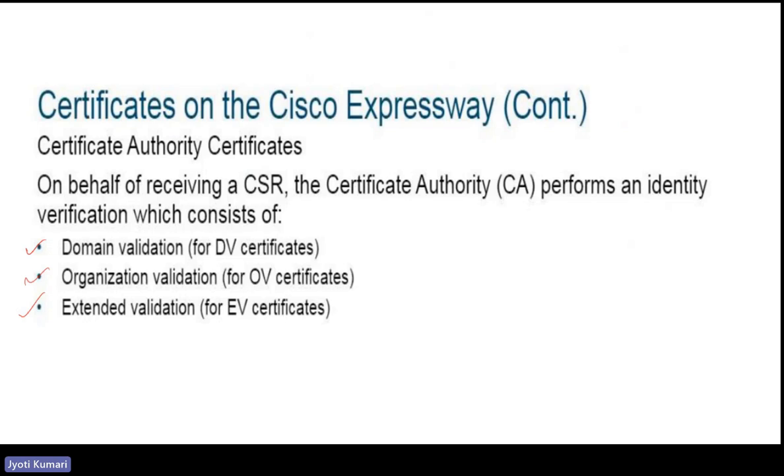Since CAs are trust providers, they are also called trust anchors. They must conduct checks into the identity of the applicant. Once they have performed the checks, they provide a trusted signed certificate, and that signed certificate needs to be installed on the Expressway or on our devices, anywhere you want to use digitally signed certificates.